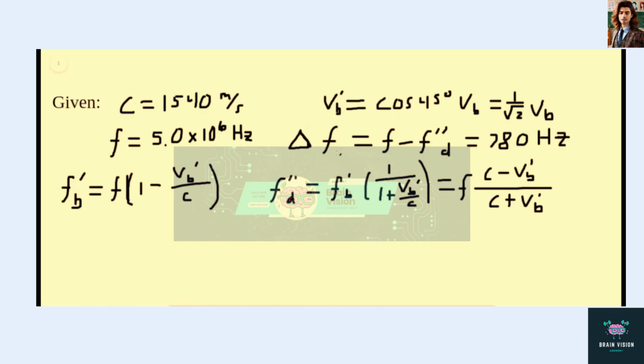What we're trying to figure out is the velocity of the blood flow.